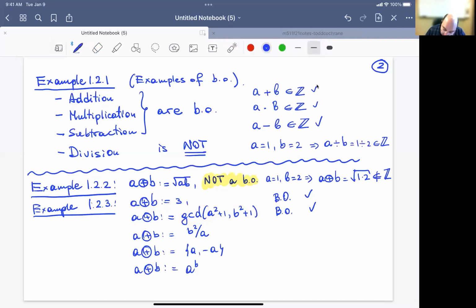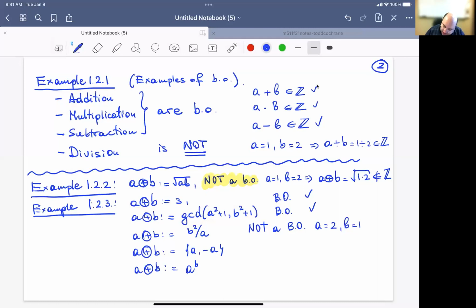So how about the next one here? I have b squared over a, and of course I can have an example of b and a so that b squared over a is not an integer. This is not a binary operation. Here I'll just write, take a equals 2, and for instance I can take b equals 1.